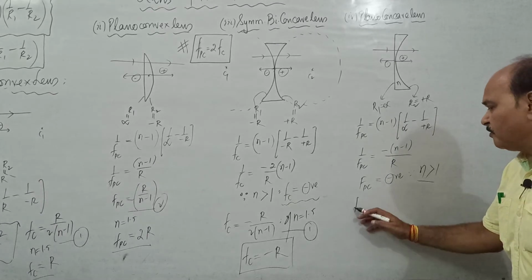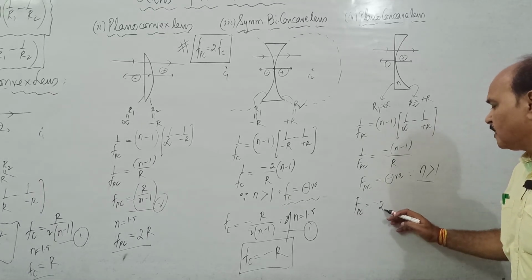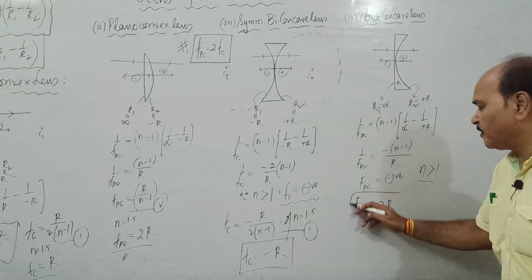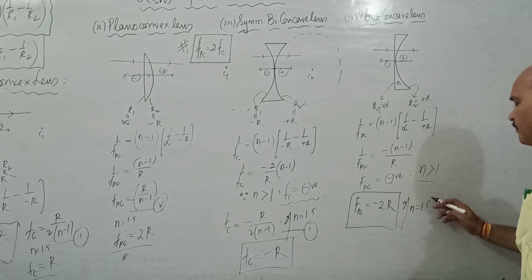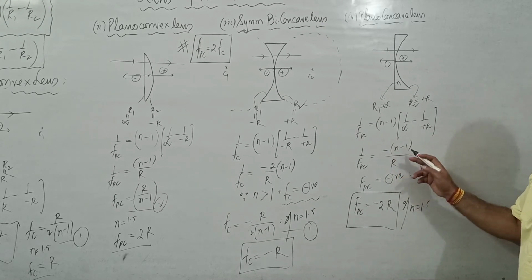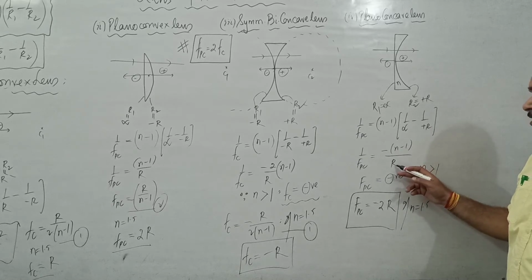Well, focal length of plano-concave lens is minus 2R if n is taken as 1.5. We take n as 1.5. 1.5 minus 1 is 0.5. 0.5 upon R is what?